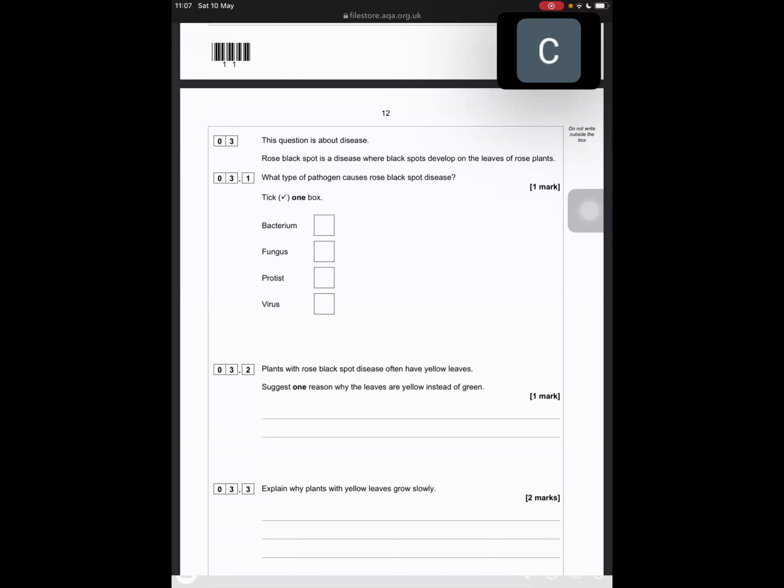The fungus will most likely attack what gives the leaf its color.